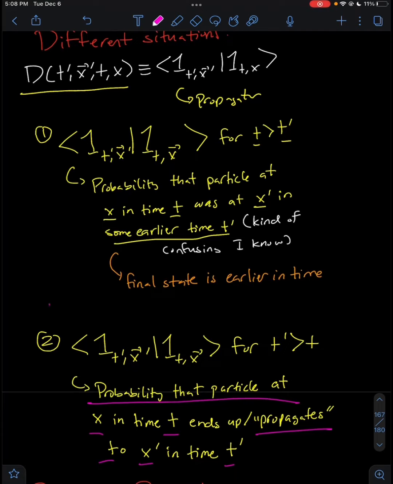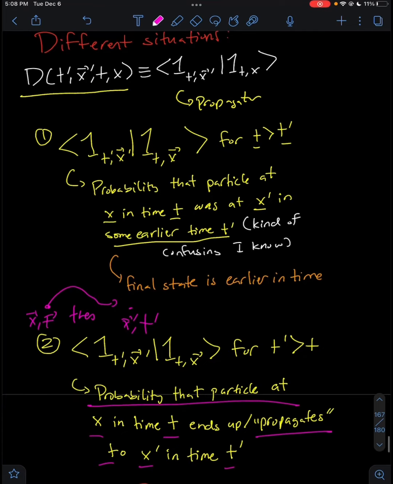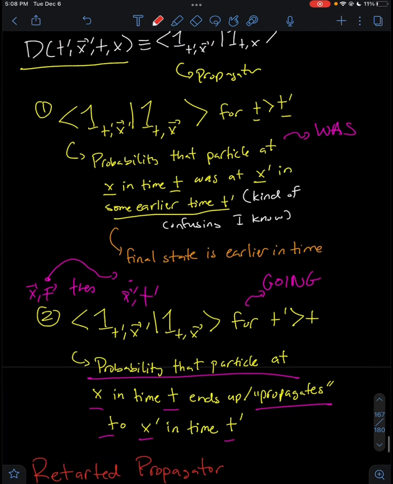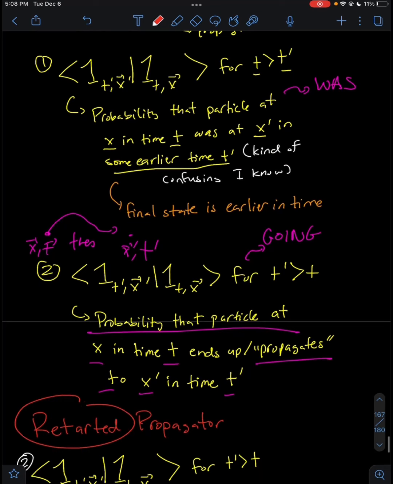It's telling us that we have a particle at x, t, and then the particle goes to x prime at time t prime, so it tells us where it's going to be. The first case tells us where the particle likely was, and this one tells us where the particle likely is going to be. We call that the retarded propagator.